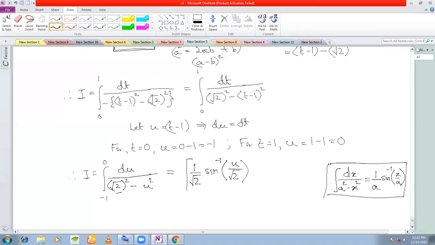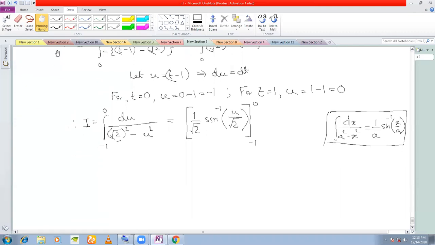This has to be integrated between what limits? Minus 1 to 0. Okay, so now I can evaluate this. This is 1 by root 2 sine inverse u by root 2 evaluated between the limits minus 1 to 0.